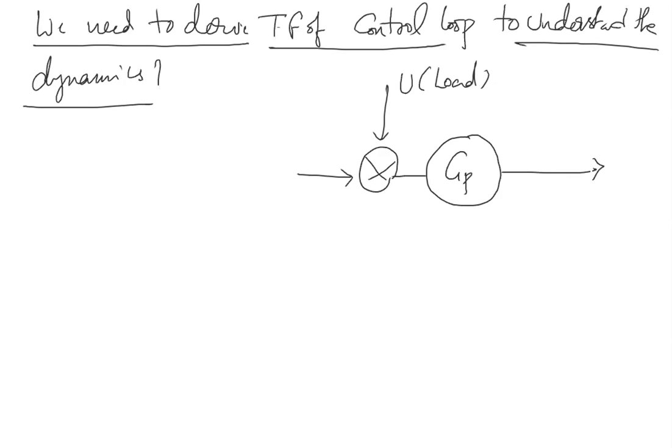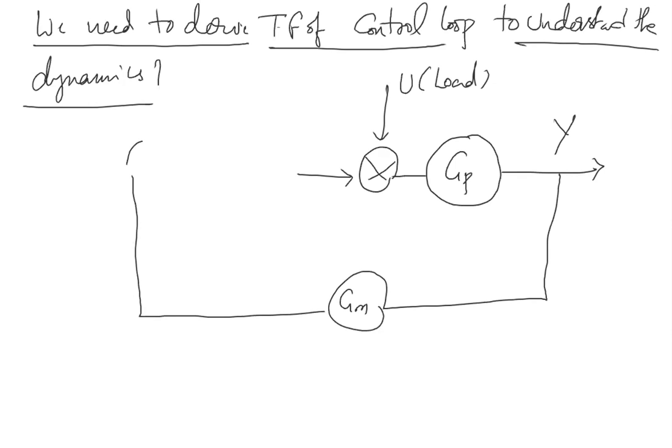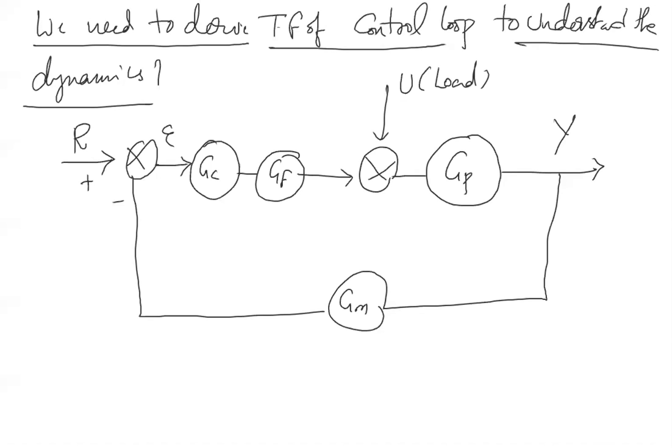Then you have a response, which is Y. This Y response will go as measurement to M. The measurement signal is compared with the set point R, plus minus. Then you will generate the error. Then you will go to the controller. Then it will go to GF.